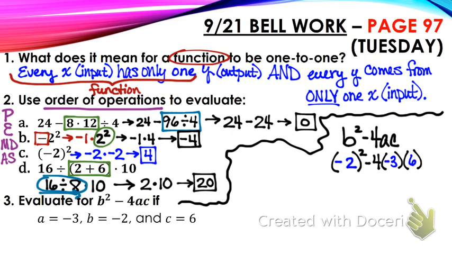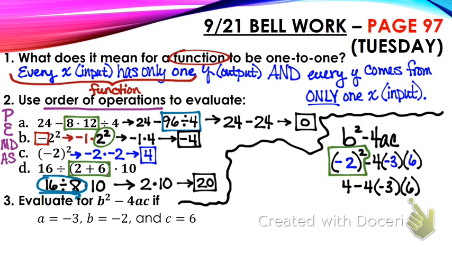And then just like the previous problem, we're going to do order of operations. So I'm going to do my exponents first. -2 squared would give me what? +4 minus 4 times -3 times 6.